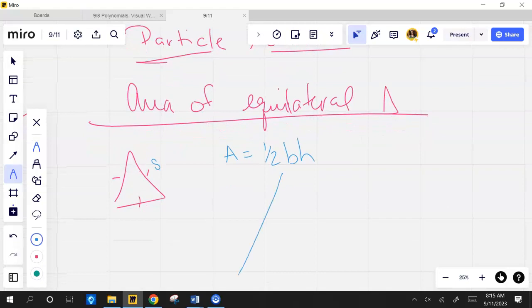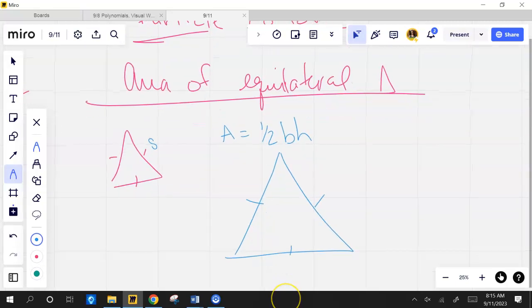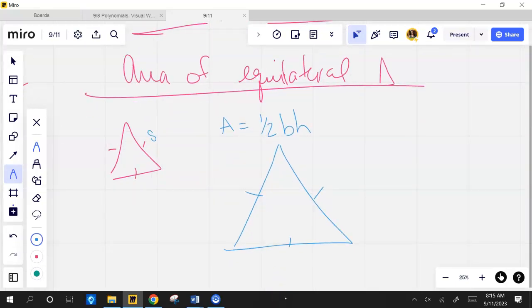Okay, so if I've got this equilateral triangle, right? Let's label it first. If I'm talking about base and height, this is the base. This is the height. Do you agree? But instead of base, I'll call this S, because I want it in terms of just using that side length.